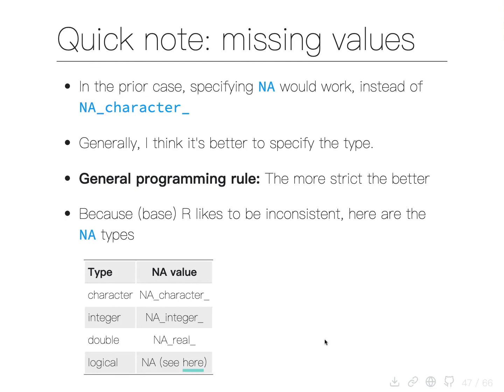So especially in base R, you will run into things like this a lot, where one person called something double and the other person that implemented the NA values called it real. They're the same thing, but this should really probably be NA_double_, or we should always be referring to them as type real instead of type double. But whatever, they're inconsistent. You just have to get used to it.